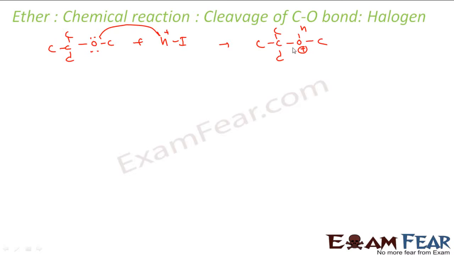This bond will break in this fashion. With this you get a stable carbocation. You see here with this I get this stable carbocation and CH3OH, correct? So what I'm getting here is a stable carbocation, and on this my I minus will attack, correct?